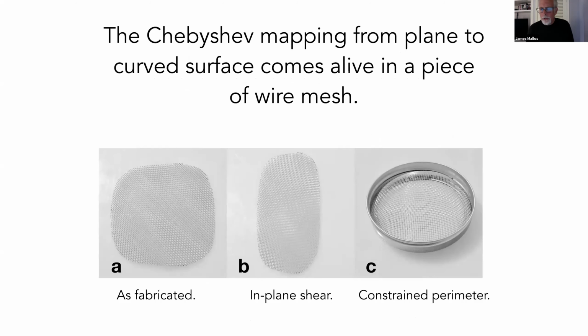If you don't use something as flexible as cloth, but something stiff like a wire mesh, an exciting transformation goes on. You cut your mesh out flat on the plane, and you can shear it in the plane. A, as it is cut, B, it's sheared in the plane, it's still perfectly flat. But if you constrain the perimeter of that patch of wire mesh, it suddenly pops into a very smooth surface, not a complete closed surface, of course, but a patch.